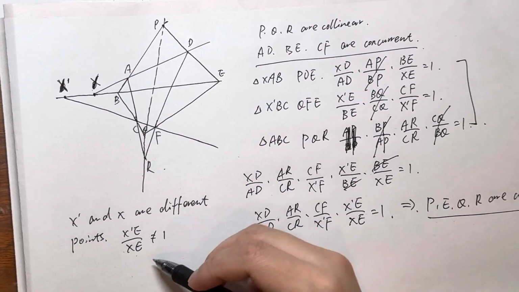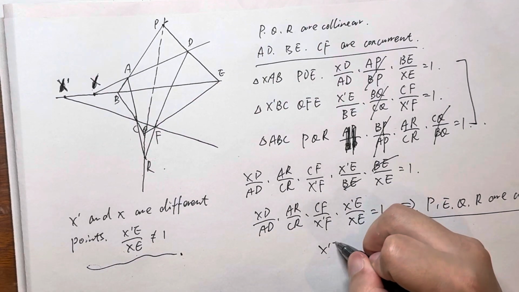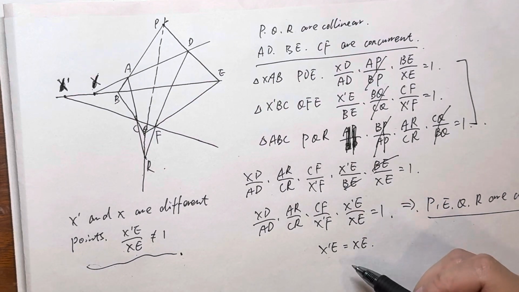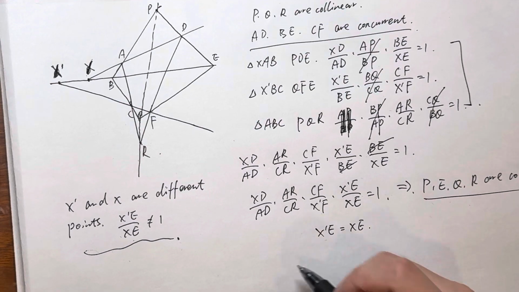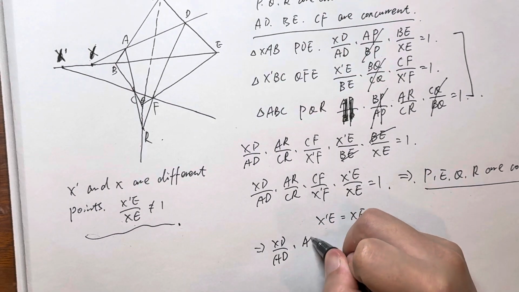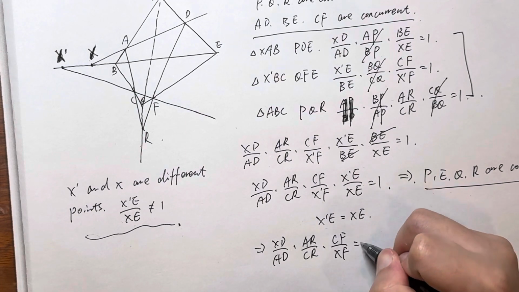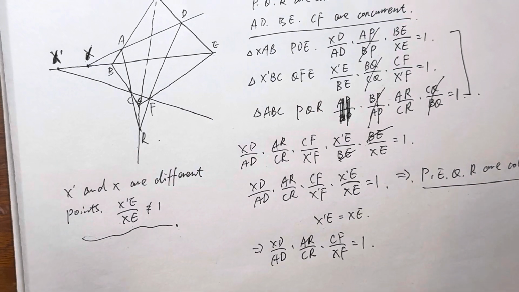Which means our assumption is invalid, which means X prime E equals XE. And we can again verify it. If X prime E equals XE, then we get XD to AD times AR to CR times CF to XF equals 1. Right?